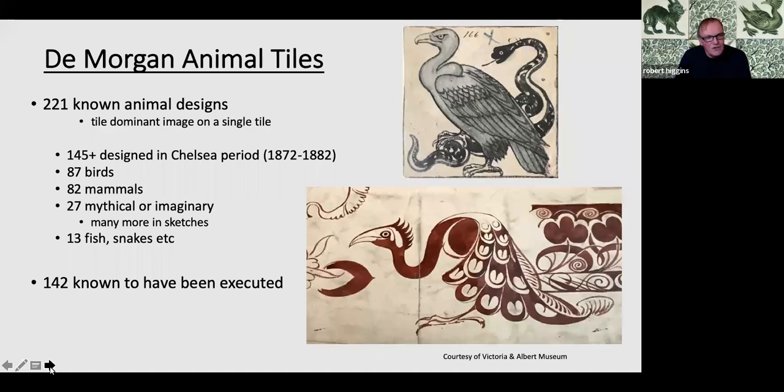The majority of these were designed early in his Chelsea period, and I've listed 87 birds, 82 mammals, 27 mythical or imaginary beasts, and a few fish and snakes and so on. And I just put that listing because De Morgan's famous for his mythical imaginary animals, but they're actually only a small part of his series. Next, please.